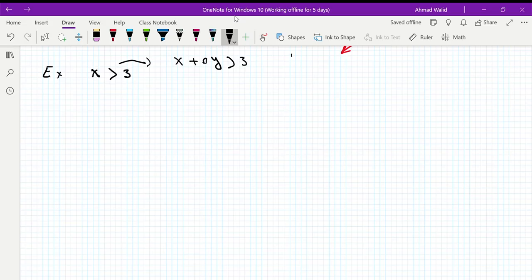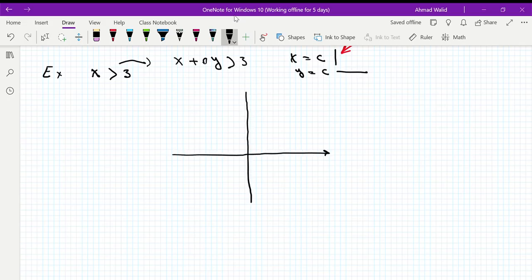Remember I told you, when you have x equals c, you are dealing with a vertical line. If you have y equals c, you are dealing with a horizontal line. Correct? Now, x greater than 3. You have nothing to do here. Immediately stop graphing. You're lucky if you get such a problem. You just graph x greater than 3. 1, 2, 3.